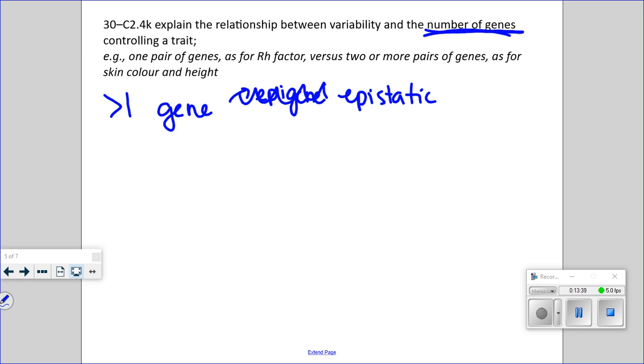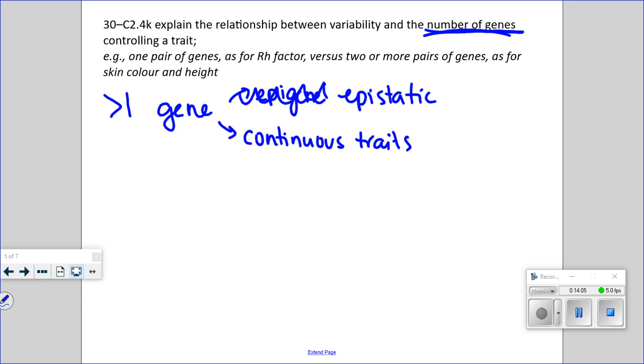Like the rooster comb, or like one gene making another gene not get expressed. This would also be where we talked about continuous traits. We didn't even do crosses for that because some of them are controlled by so many genes that it gets very cumbersome. But we did do some examples of epistatic interactions.